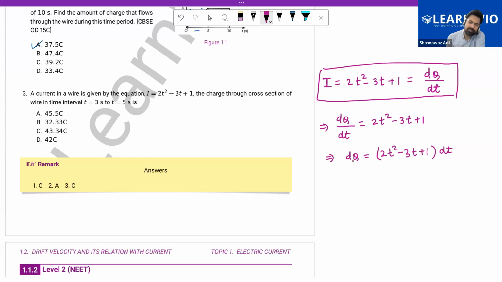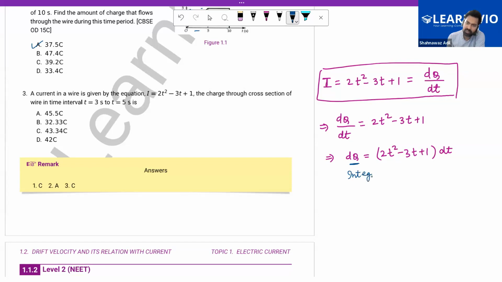What is the operation that I will do so that I will get the total charge? This is a very small charge and I want to calculate the whole charge. So I will integrate both the sides.